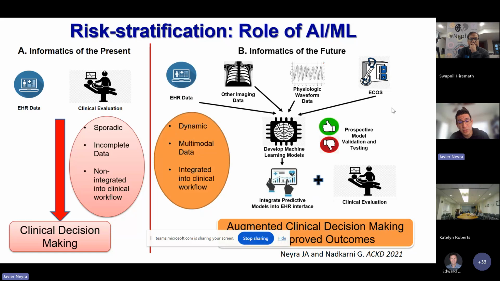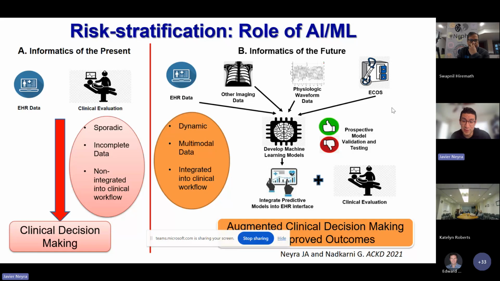But with the use of biomedical informatic tools and artificial intelligence, we can integrate different data sources, not only from the EHR, but also from the imaging data we generate, the monitor data that contains a lot of dynamic real-time data, and certainly data from the devices.